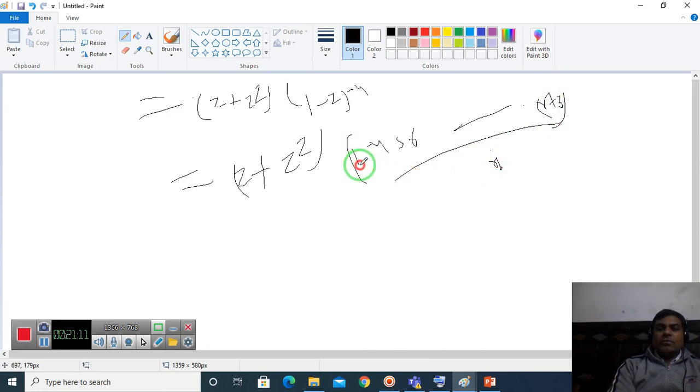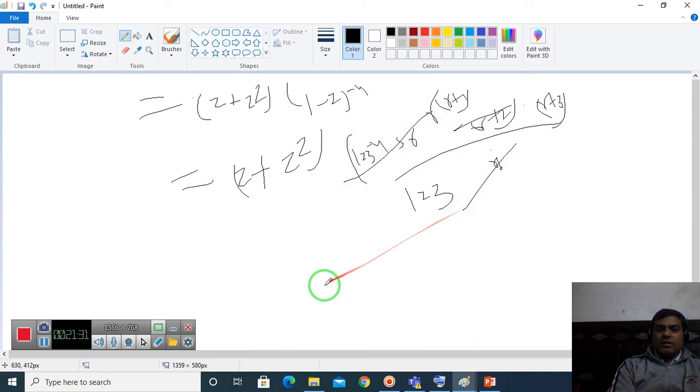You should multiply by 1, 2 and 3, 1, 2 and 3, and just reduce this: r plus 2, r plus 1 and r. The continuous multiplication from 1 to r is r factorial.